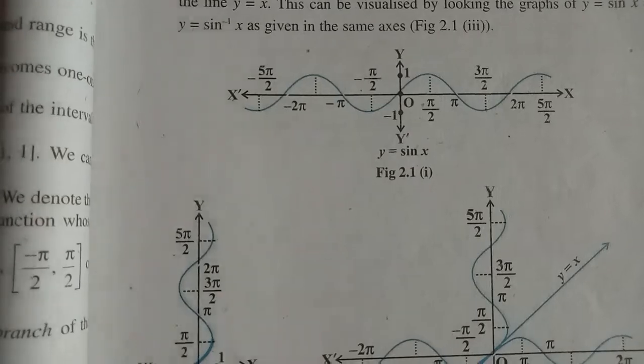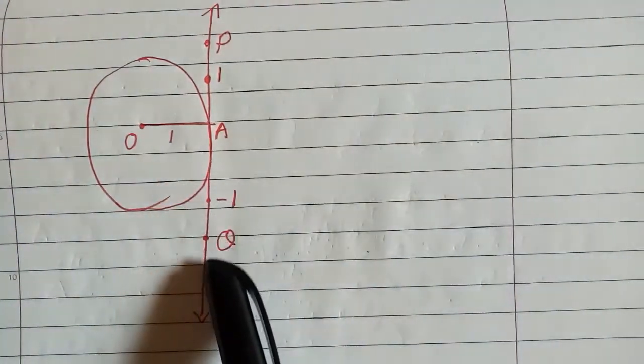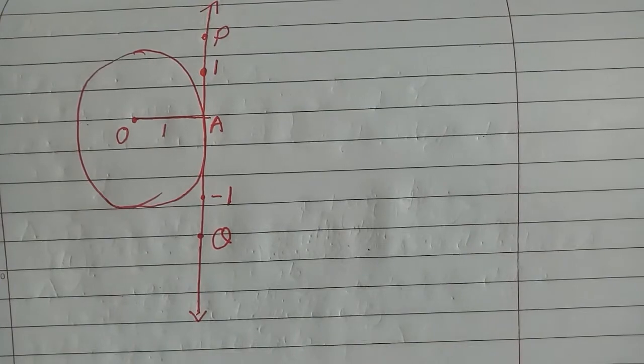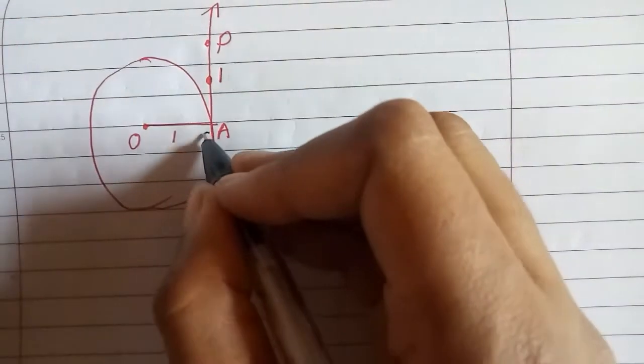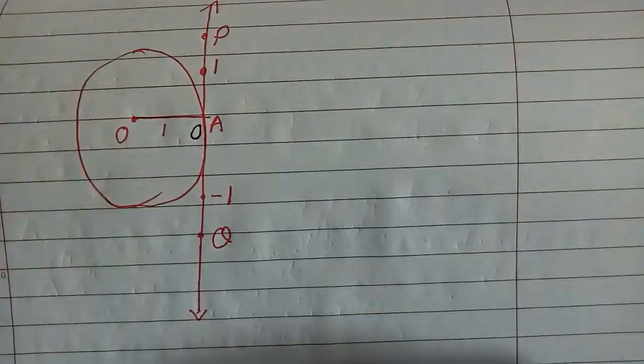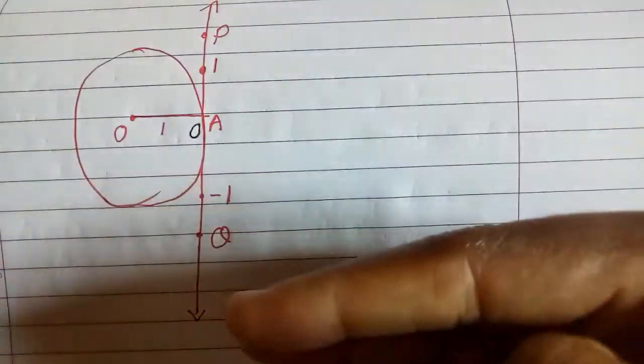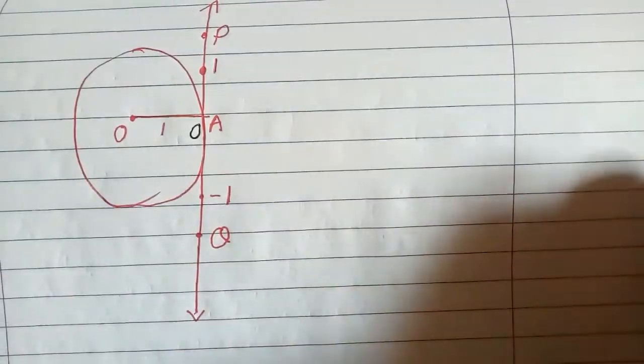Why? Because, children, if I take a unit circle of radius 1, and keep my number line at this point A, and suppose A happens to be my origin, then I will have positive numbers and negative numbers. Suppose I place it in such a way that positive numbers are up and negative numbers are down, no problem. You can see that very well.